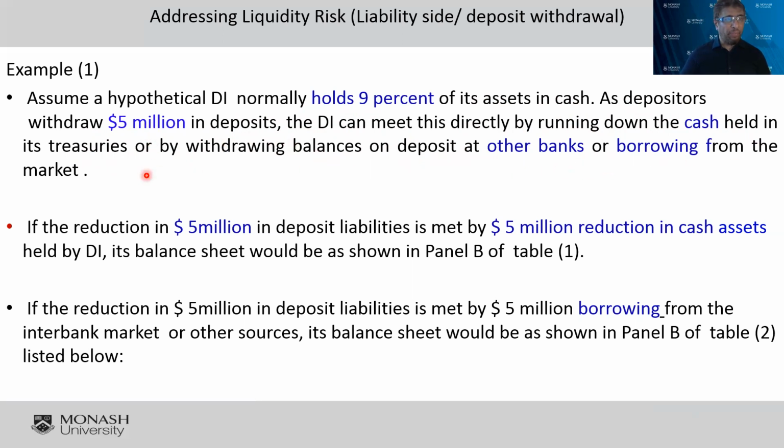Now, this is 5 million. If the reduction of 5 million in deposit liabilities is matched by a 5 million reduction in cash assets, and when I say cash assets, I mainly mean securities held by the depository institution, its balance sheet would be shown in the following, in panel B, which I will show now.